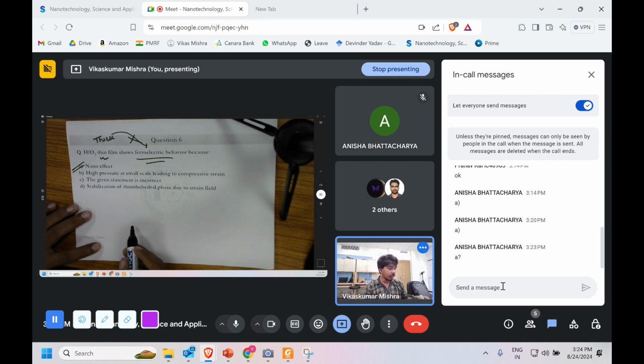What they are telling is that since we are trying to make a thin film, there is a substrate on which we will deposit the material. This substrate has some particular interatomic spacing. Now if I want to deposit my HfO2 material onto it, what will happen?